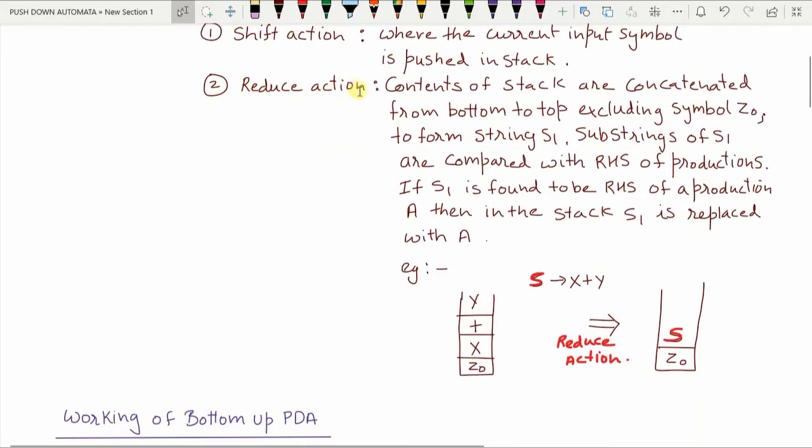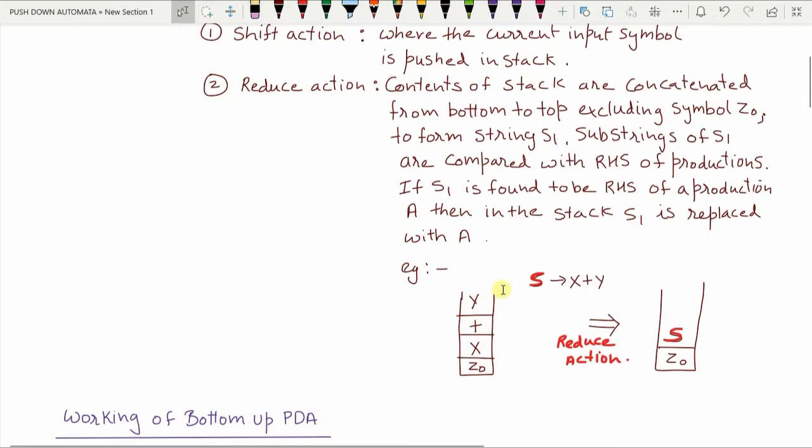It is not difficult, but you need to understand what the reduce action is. What we do here: the contents of the stack are concatenated from bottom to top. Now what are the contents of this stack? This stack contains y plus x. Remember, whenever we insert any string onto the stack, the string gets reversed and then inserted, correct?